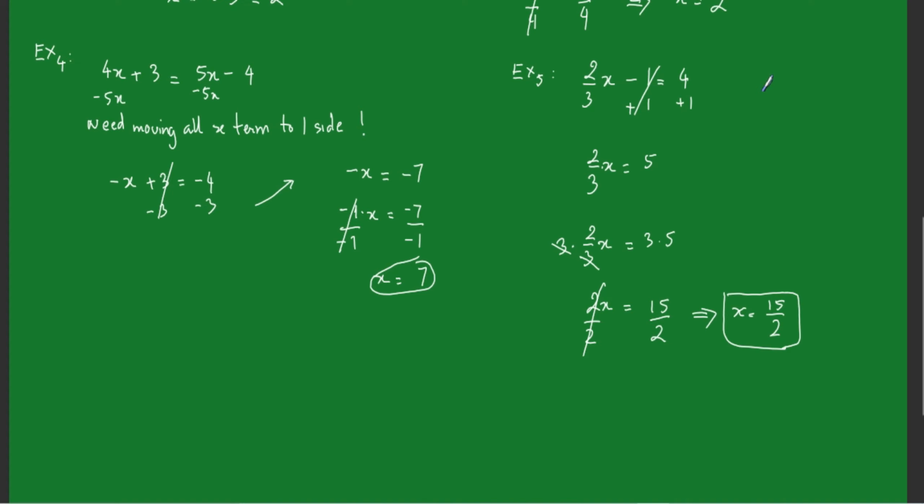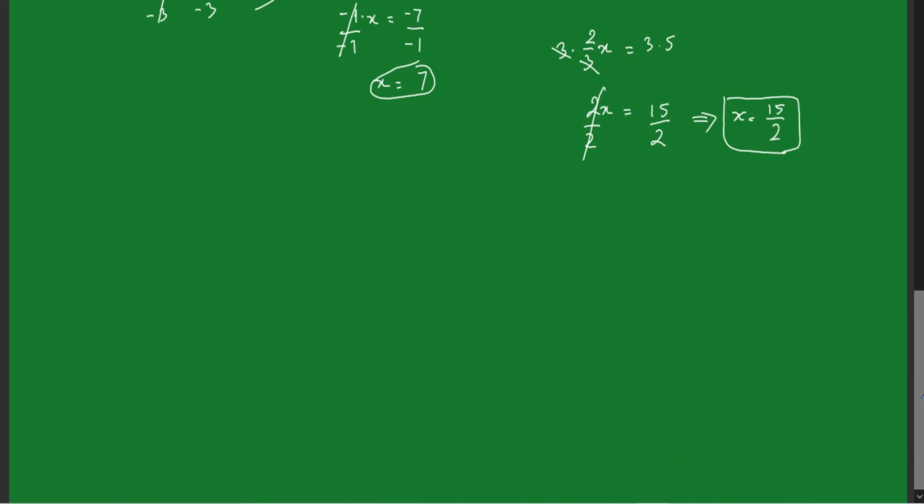Now, for the last example, what if you have something with parentheses? How do you do that? What if I have something like this: 4 times x minus 3 inside parentheses equal to 10 plus x.